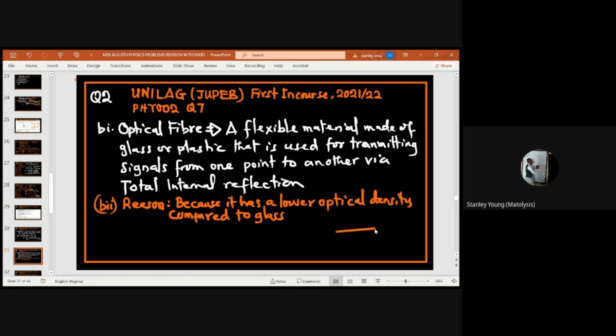So if the inner part is made of glass, then the cladding, which is the outer part, must be of a lower optical density, such that a ray coming from glass towards the cladding moves from a region of higher optical density to a region of lower. So this will create an internal reflection, which will allow the signals to be transferred from the source to the destination.